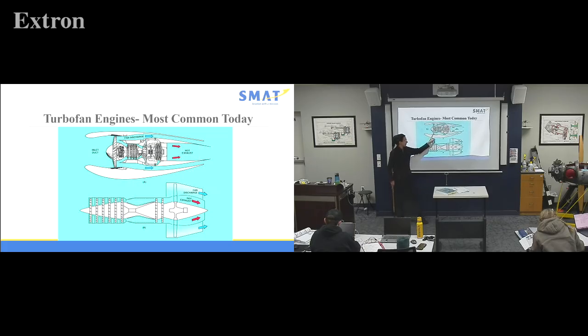So we are getting some compression and we are getting thrust off just the fan. So additional thrust, grabbing lots more air, so now our engine becomes much more efficient at low altitude.